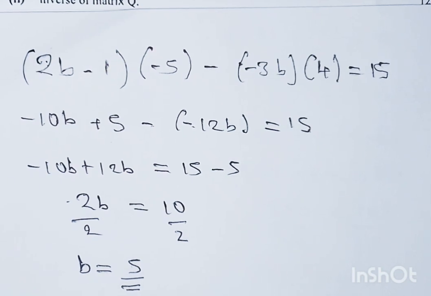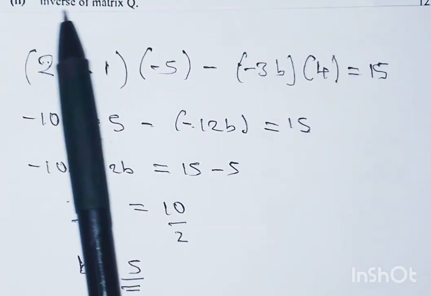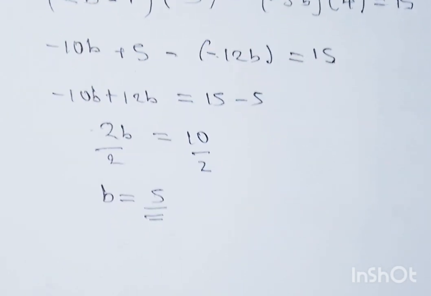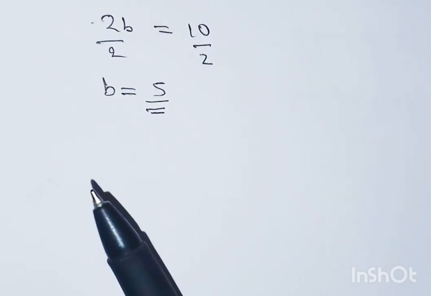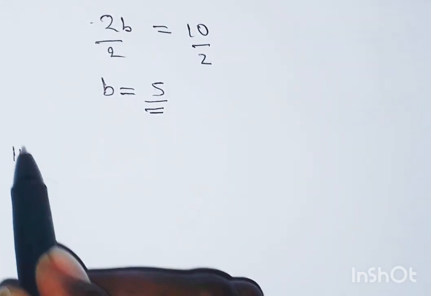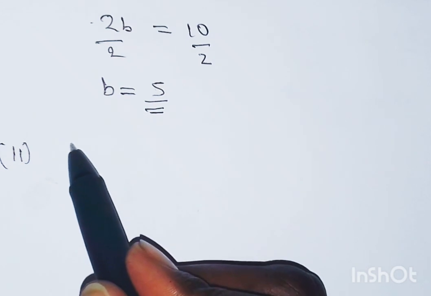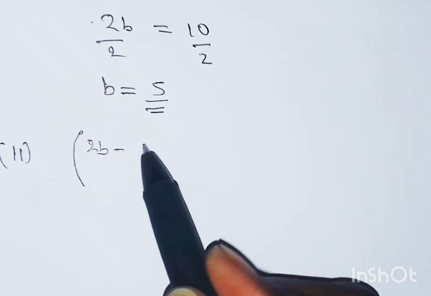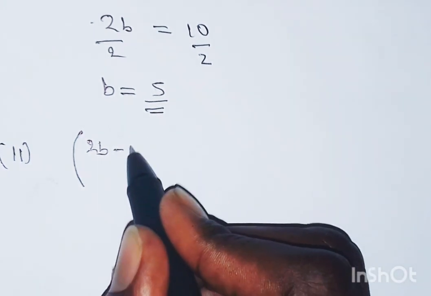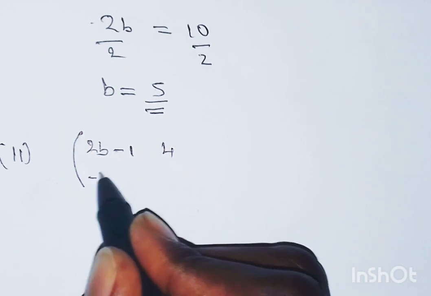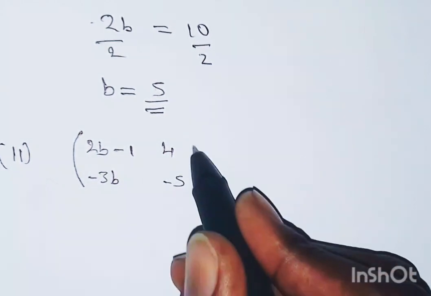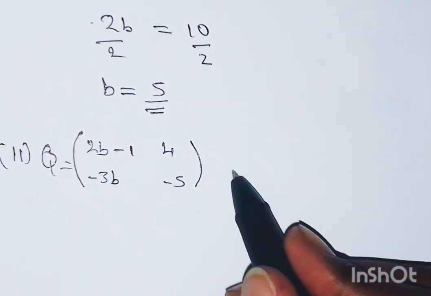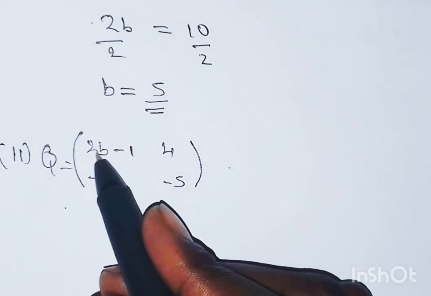Then question 2, they are asking for the inverse of matrix Q. So first let us come up with our matrix Q. Where there is b we put 5.